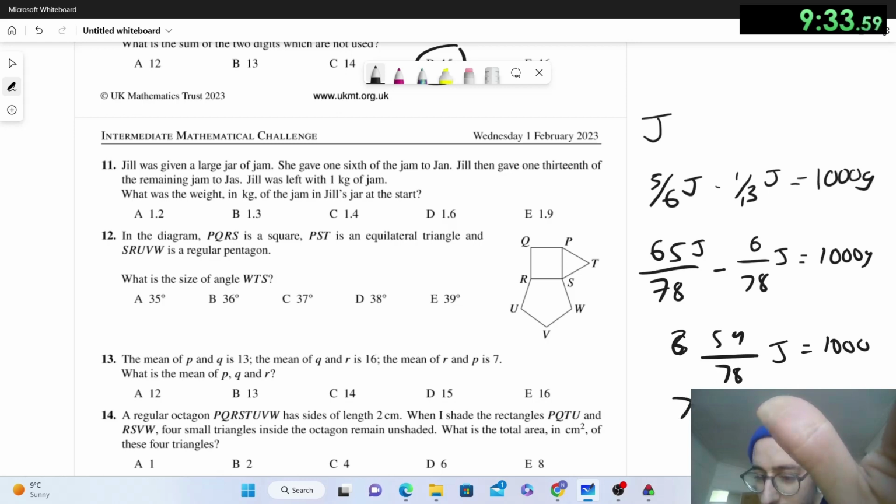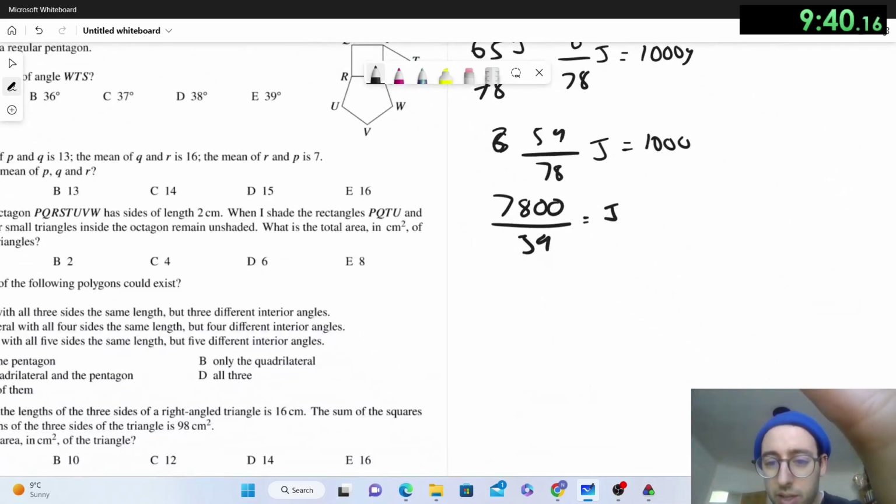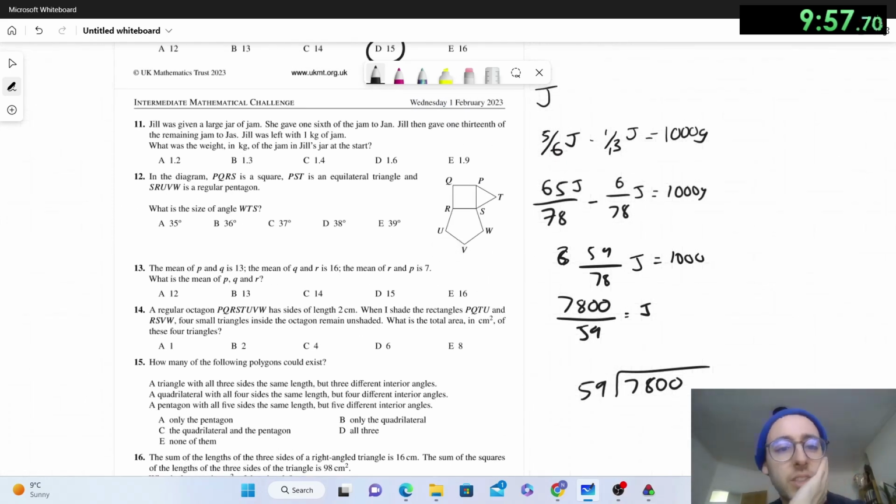Okay, so we've got this. This is the original, but that, what on earth am I going to do here? It's 59. This just seems horrible. Okay. I'm doing something stupid. How am I doing stupid? So she gave 1/6, so she's left with 5/6. And then she gives 1/13 of the remaining to Jazz, so she loses a 13th.